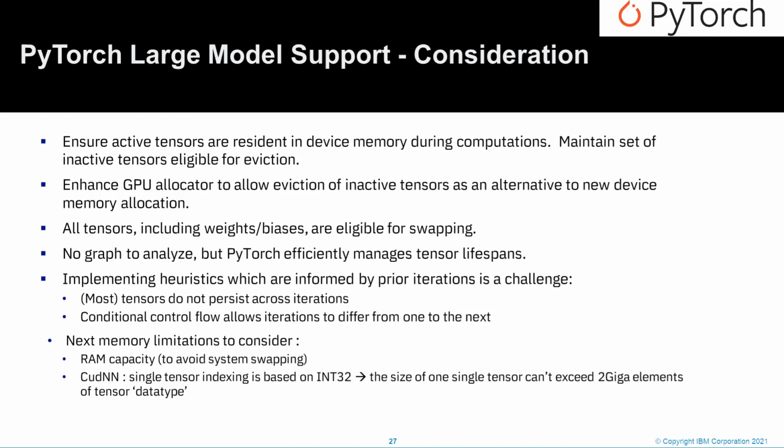There is also a limit in cuDNN, as one single tensor is indexed with an int32. So one single tensor cannot exceed 2 GB elements multiplied by the size of the data type of the tensor, whether int32, FP16, FP32, and so on. It's also a hard limit that you can hit with LMS, but you have increased your resolution a lot more before.